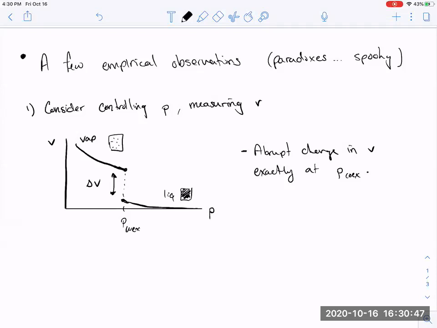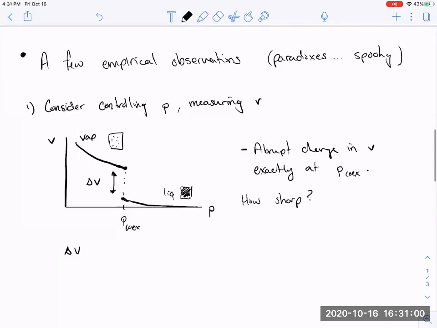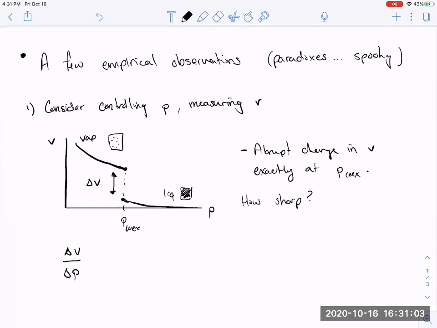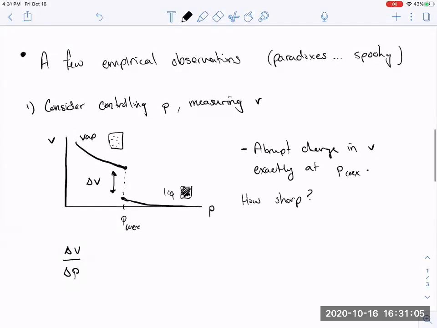One could ask, for example, how sharp that change is. So dV over dP is a measure of that sharpness. In the limit that both of those are small, that's dV/dP. Exactly at coexistence, that is infinity.